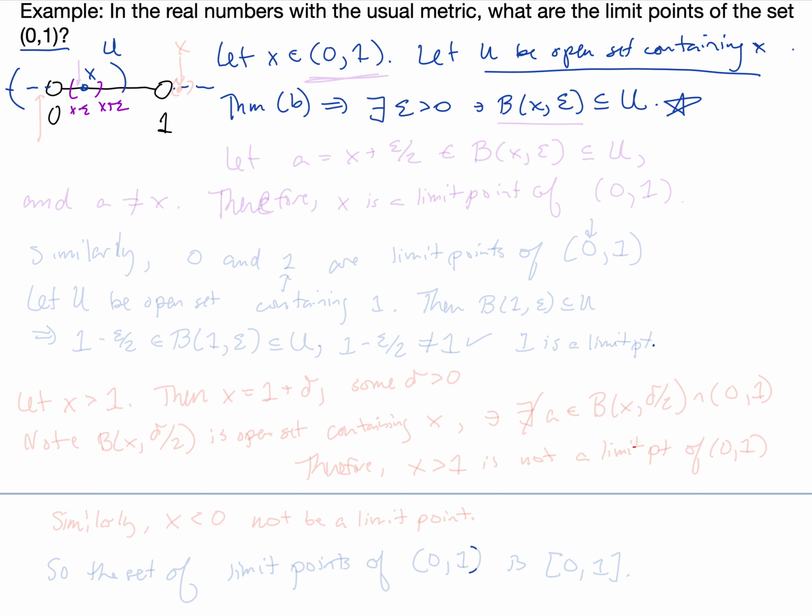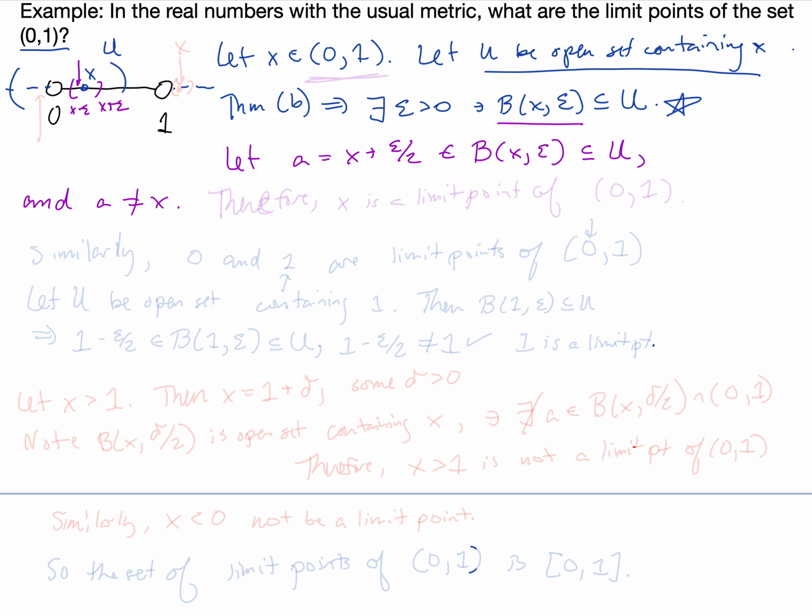Now, do we know that there's some point a that is inside of there? Sure, let a be the point x plus epsilon over 2. The ball centered at x of radius epsilon is all things of distance less than epsilon from x. Epsilon over 2 is the distance here. So this would be an element of this ball, and that tells us that it's also contained in U. And a is not equal to x.